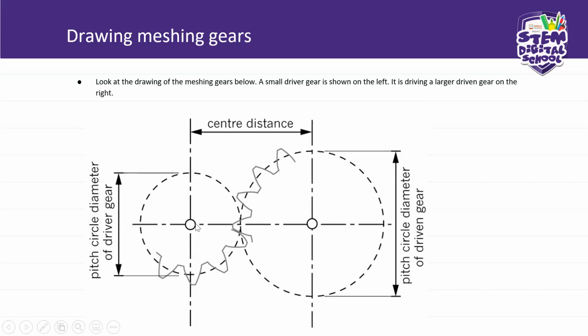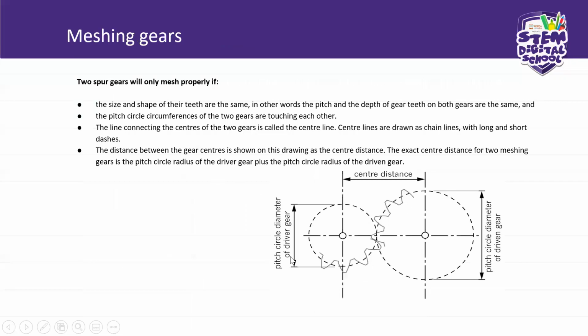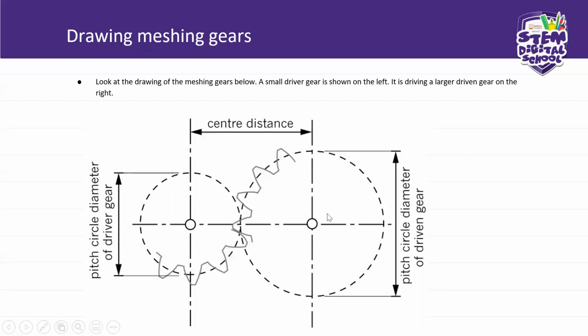So if you look at this plan, oh, I'm sorry. This plan gives you your pitch circle diameter for the big gear and your pitch circle for the small gear. But the axes are aligned. The axes are aligned.